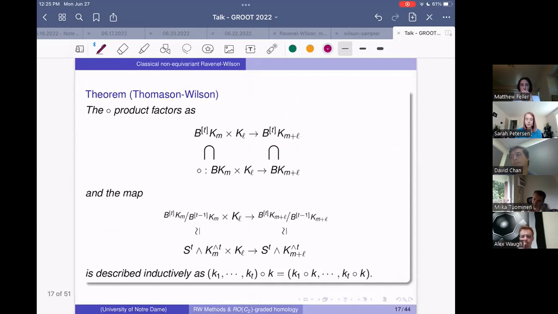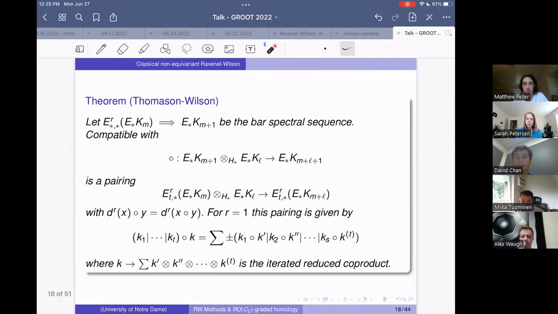And this is useful for the following reason. Thomason and Wilson are able to prove that the circle product factors through the bar construction. And this means that the map on the associated graded pieces can also be described inductively. And what this leads to is additional structure in the bar spectral sequence, specifically compatible with the circle product in E homology.